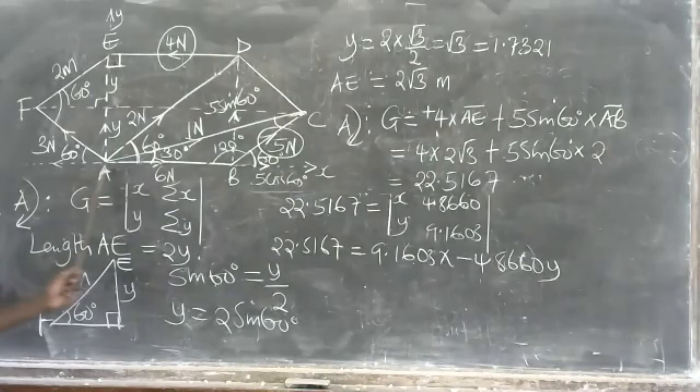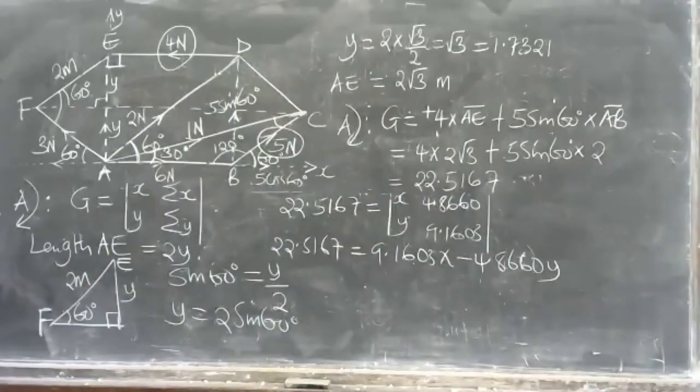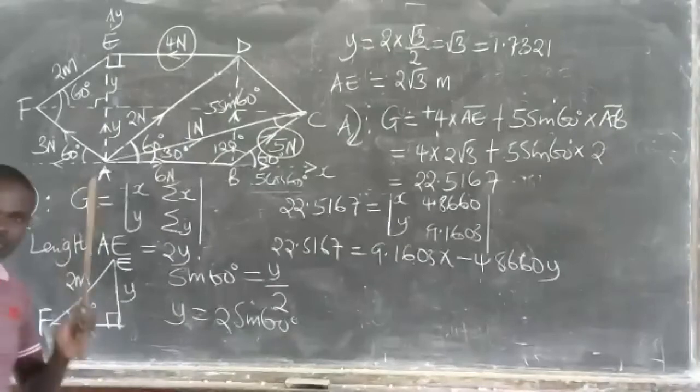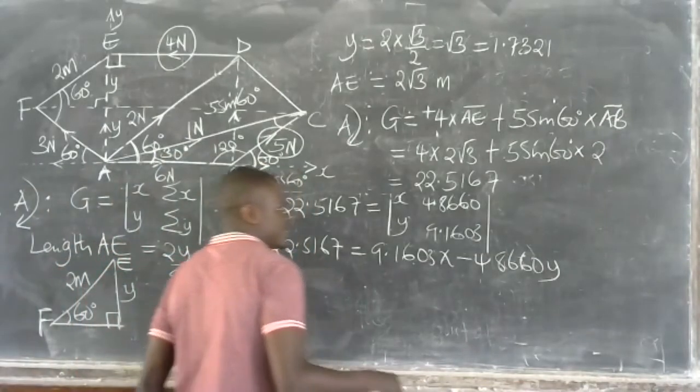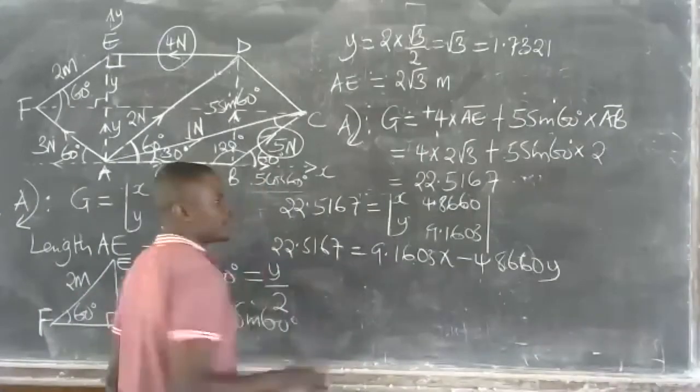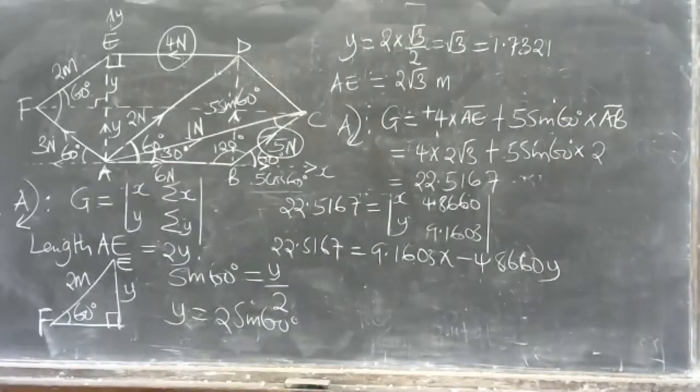Then we use it to find where the resultant cuts line FB, i.e. the x-axis. Any line cuts the x-axis when y is 0.